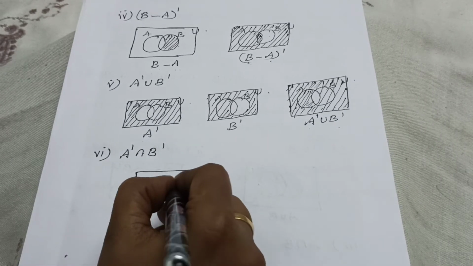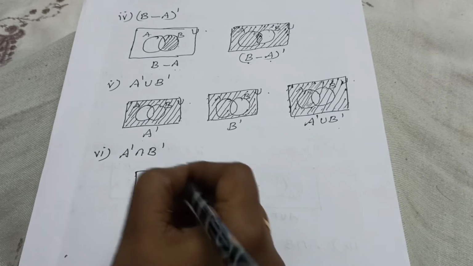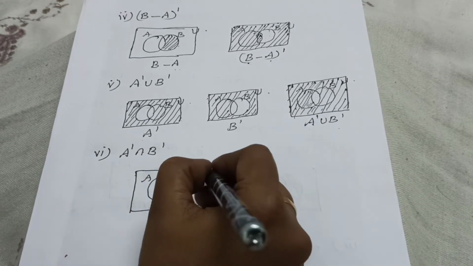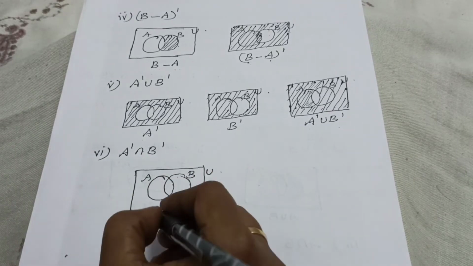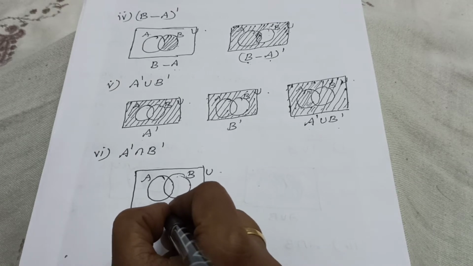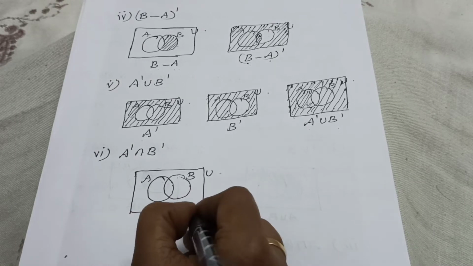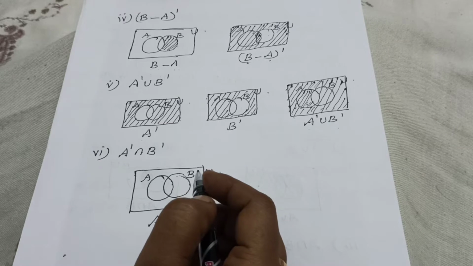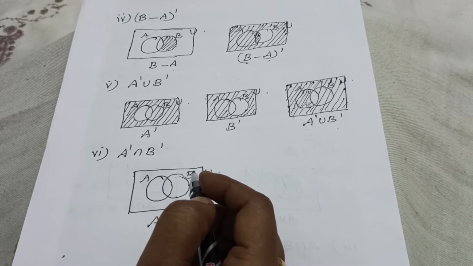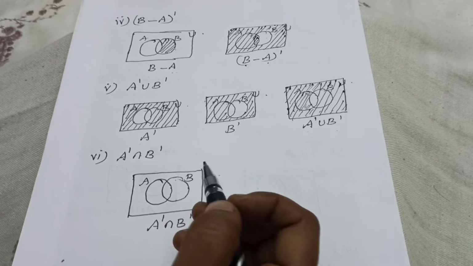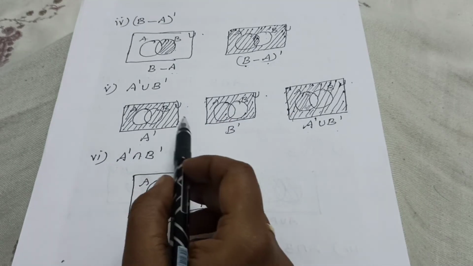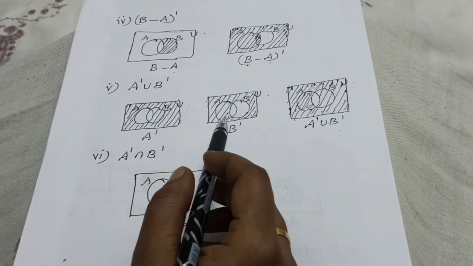Then A set, B set, A, B. This is the universal set. Then A dash intersection B dash means which area will come? These two intersection. Which portion is common?